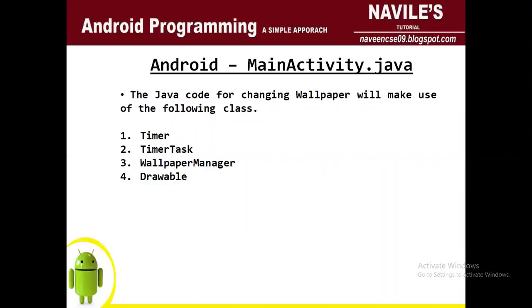We have 4 classes which are made use of in order to change the wallpaper in an application. One is Timer, TimerTask, WallpaperManager, and Drawable. So these are the predominant classes which are responsible for changing a wallpaper for a specified duration of time.